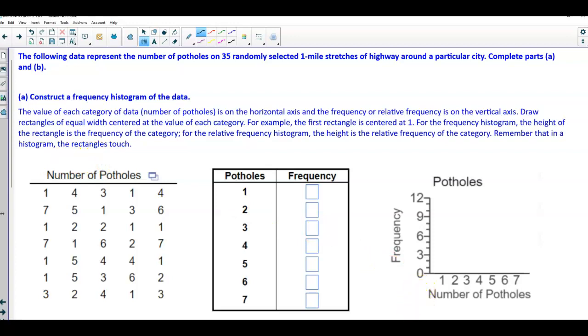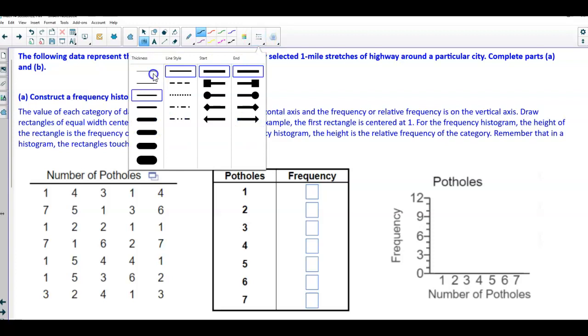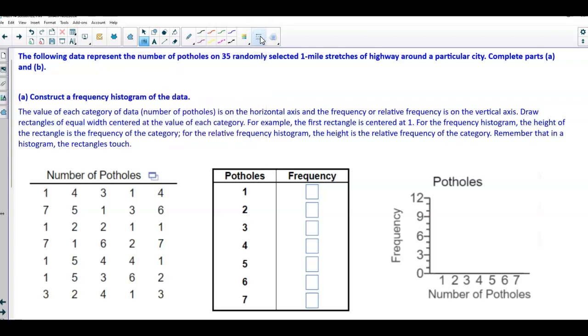In this particular example, we want to first find the frequency distribution. You're going to have to create your table so that you create your frequency distribution and are able to make the histogram. So, we have 11 for 1 pothole. For 2, we have 5.